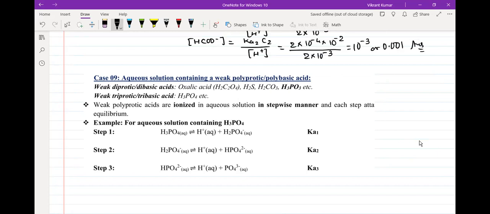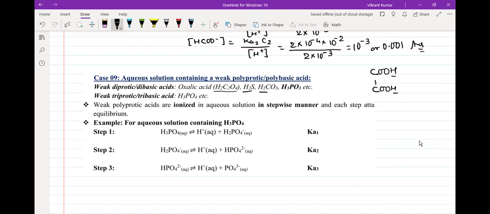If you see H2C2O4, oxalic acid, the structure is something like this. Both the hydrogens are acidic hydrogens, and that's why we say this is a weak diprotic acid. In H2S, both the hydrogen atoms are bonded with S. Not a very strong acid, but still we consider it a weak diprotic acid. So it can release two H plus.